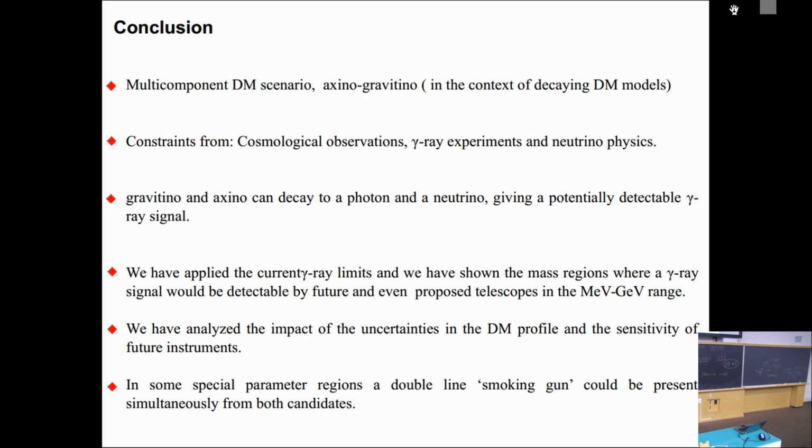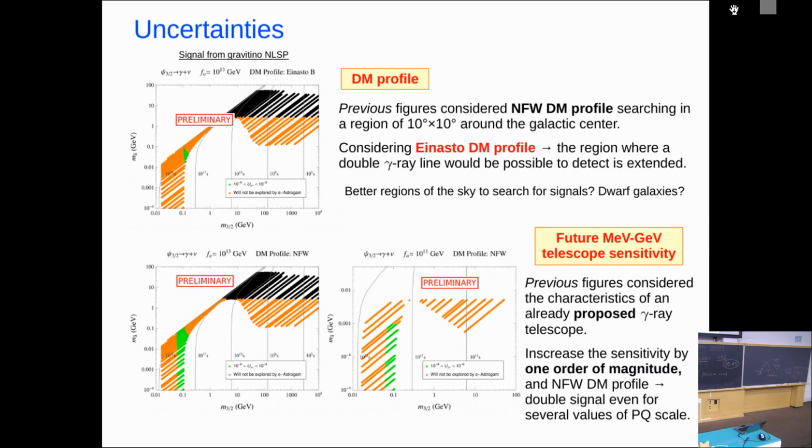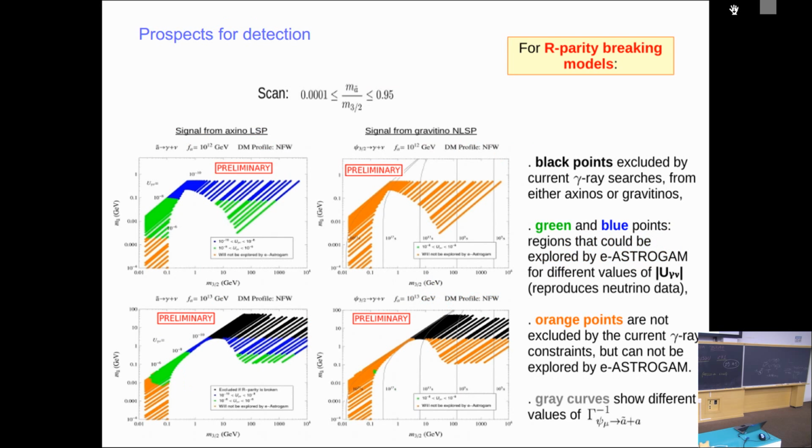Just, I think you went a bit quick at the end. So could you say again, what are the prospects of observing the line or double line? Yes, well, we must be very lucky to observe the double line. But in principle, there is a very small region of the parameter space where we have fixed this. This is the scale of the breaking, the axino scale, the axion scale.